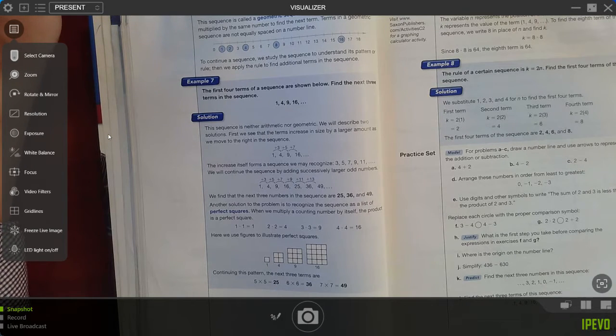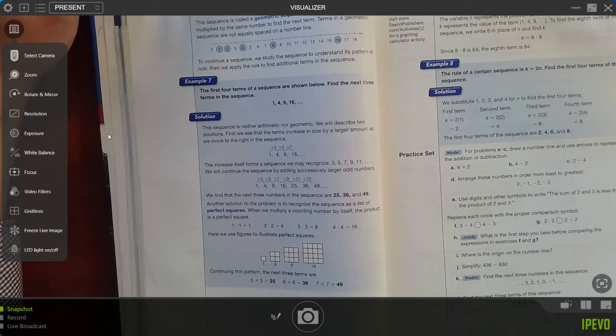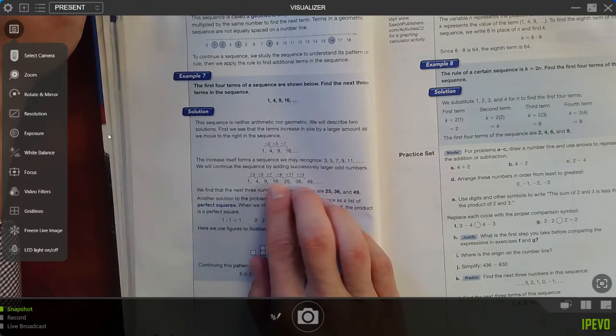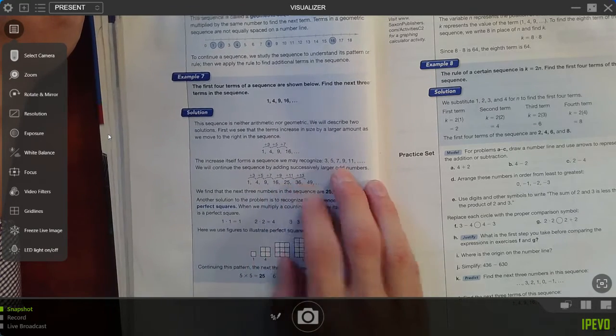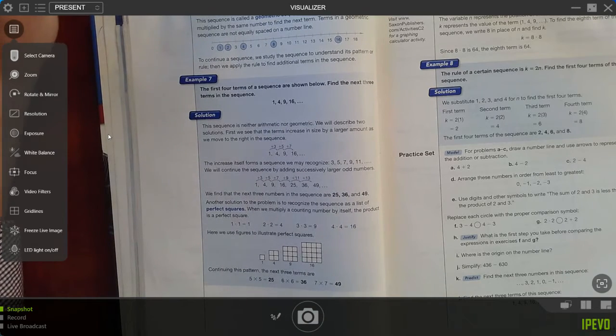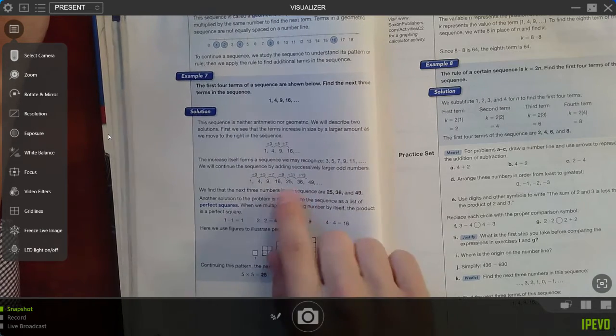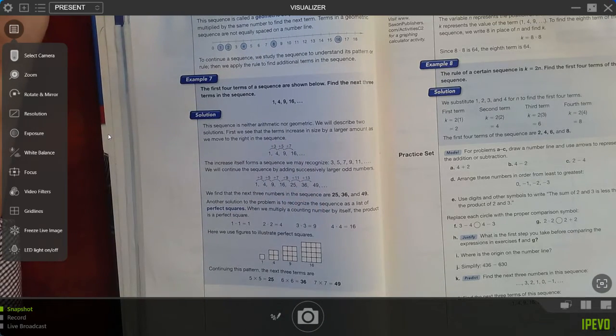Does it increase by an odd number each time? So increasing by an odd number each time is how that's going. But that's interesting. These are also perfect squares. I didn't realize that.